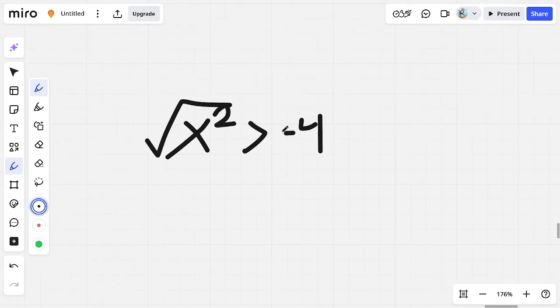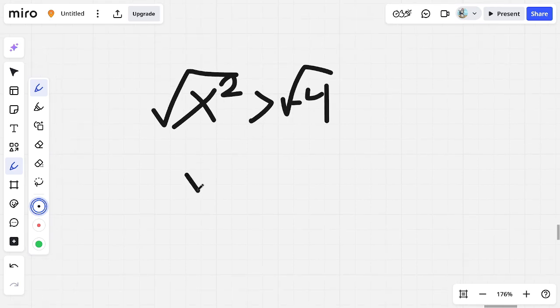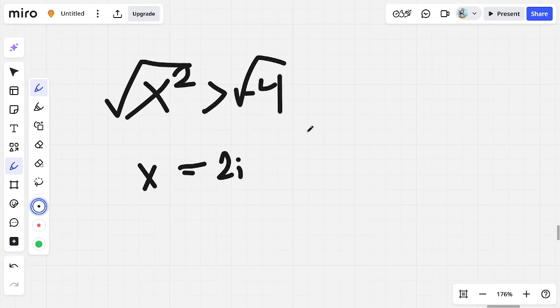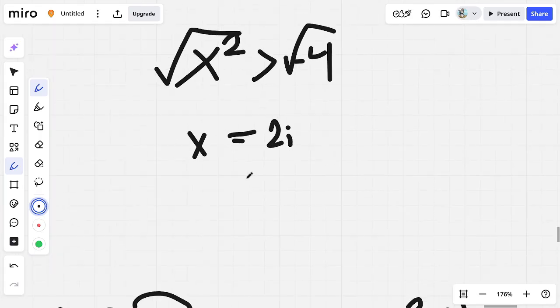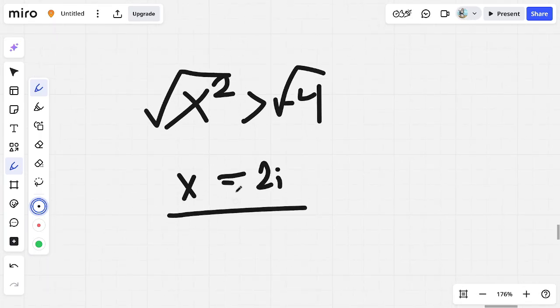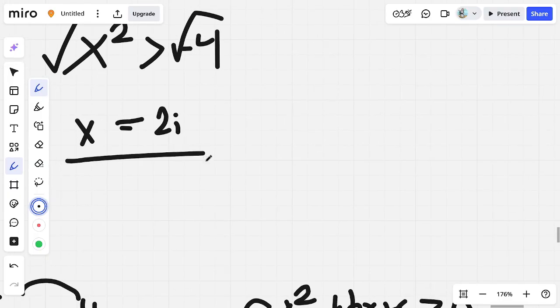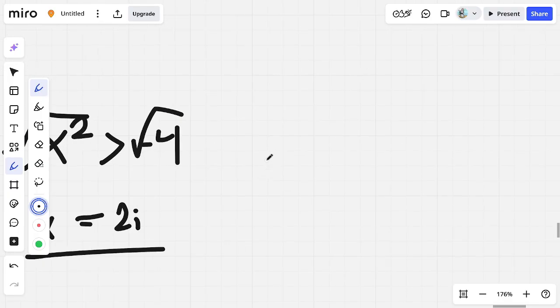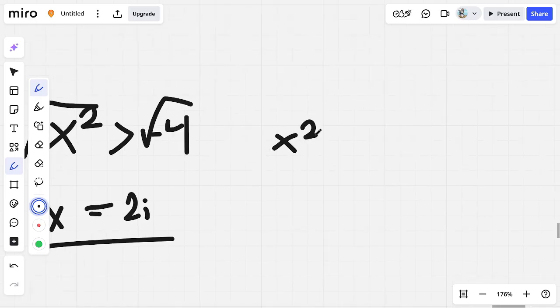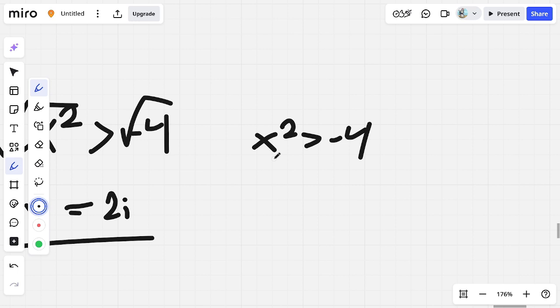So what we can do is square root both sides to get x equals 2i. This is an imaginary number. This number doesn't exist. If you observe here, everything you put into x squared will be greater than -4.